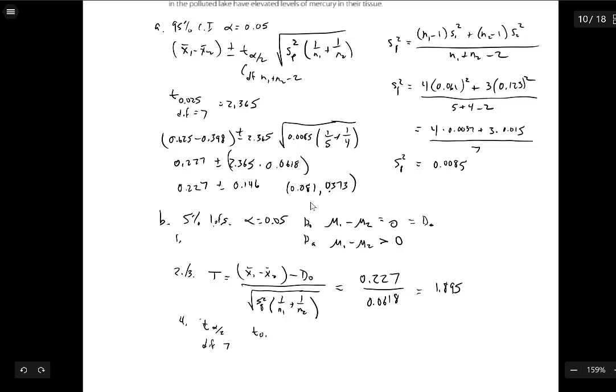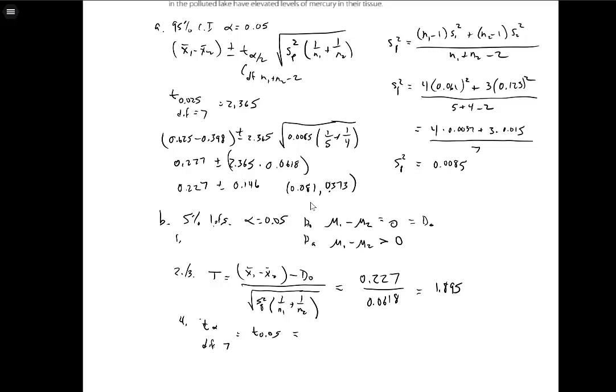So that's where we're headed with that. Oh, no, wait. Why did I put that alpha over 2 here? This is a one-sided test. So let's go back. So t of 0.05 is where we're headed with degrees of freedom there. And so t is 0.05, degrees of freedom 7. I looked that up in the table. And that's 1.895.